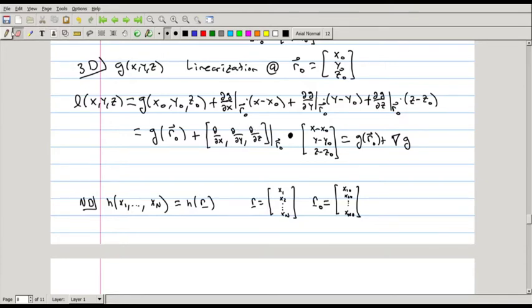I apologize for that typo. So the linearization of this function g is going to be the value of the function at the point r naught plus the vector dot product of the gradient of g at the point r naught with the vector r minus r naught.